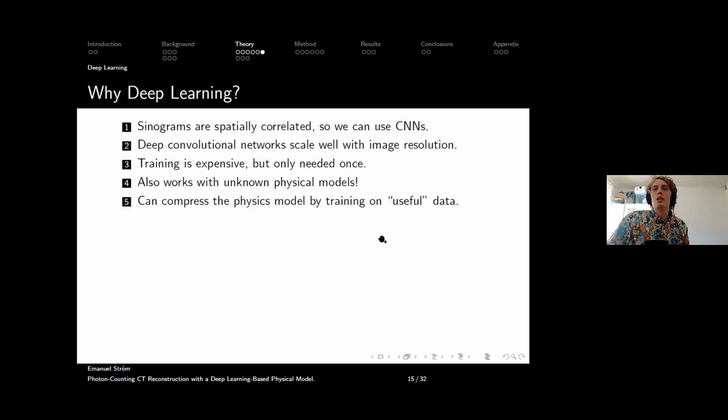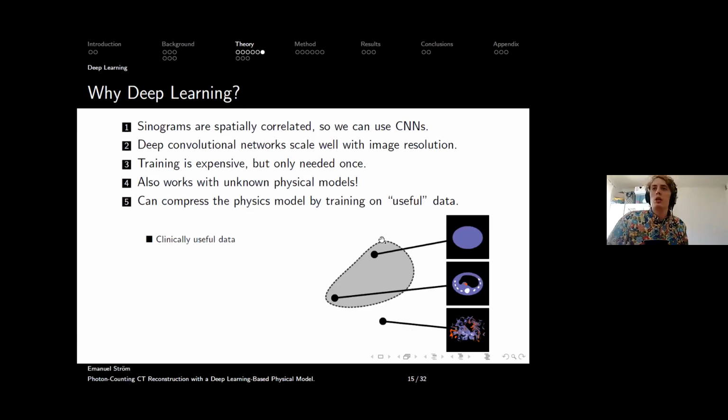So if we imagine that this entire slide here is just a set of all imaginable phantoms, input data that we can get, then there's going to be some set here of clinically useful data, and that term is not exactly well defined right now, and the goal is to try to define it more carefully.